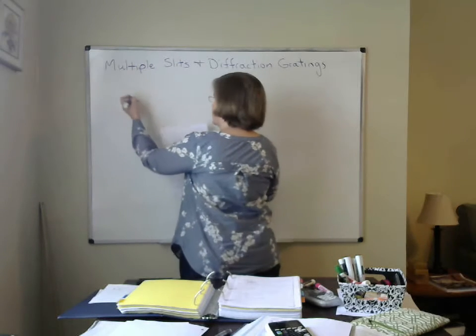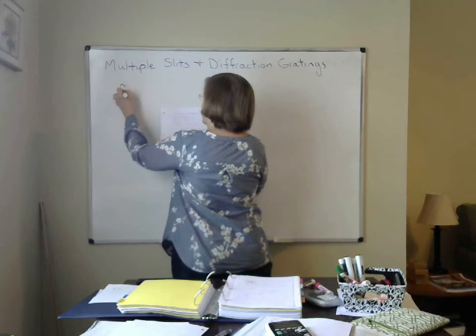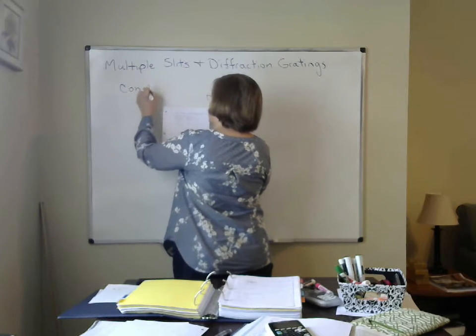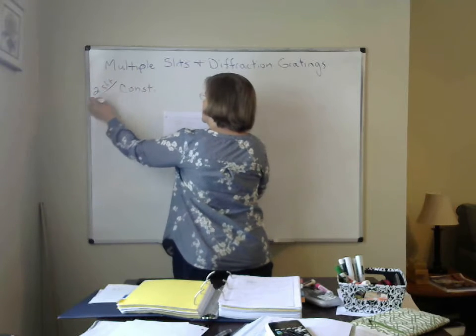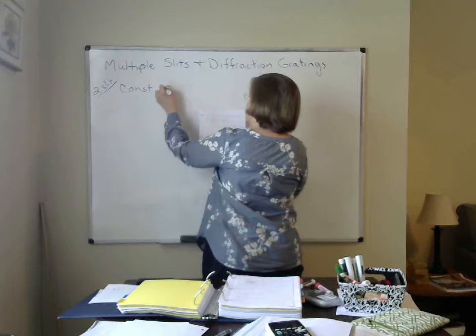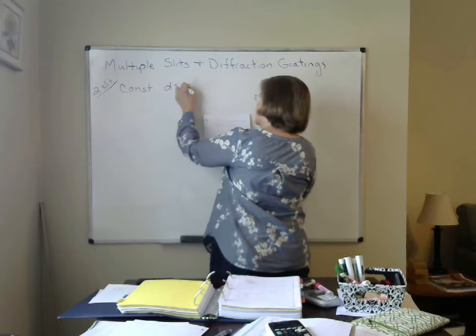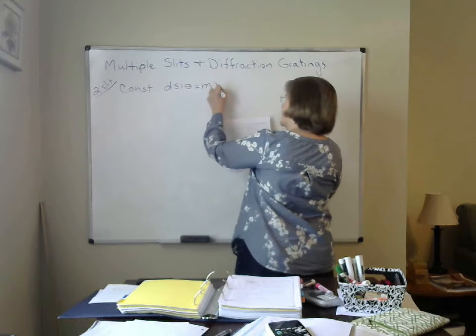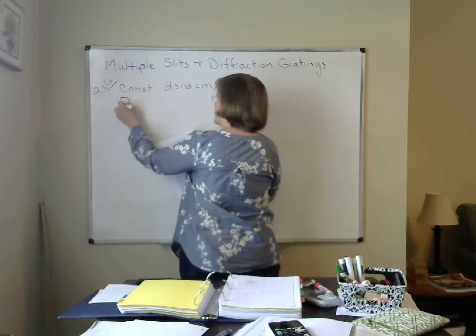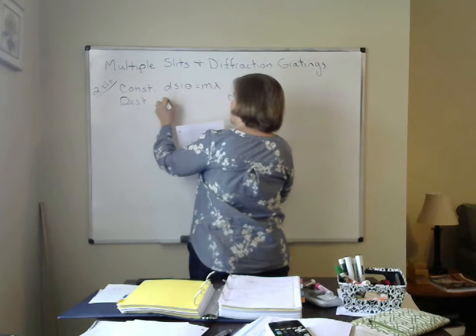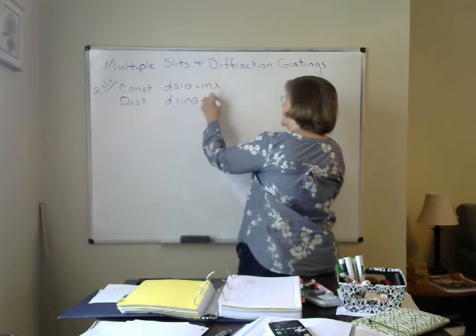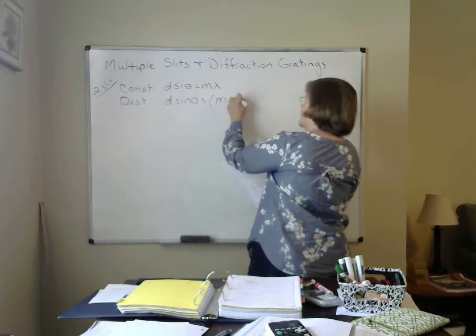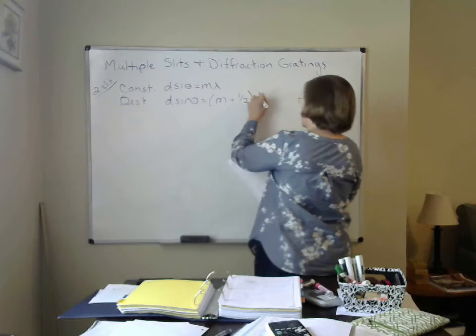If we go back to the second section, we found out that constructive occurrence for two slits, this was our two slit rules, occurred when d sine theta was m lambda, and of course destructive occurred when d sine theta was m plus a half times the wavelength.